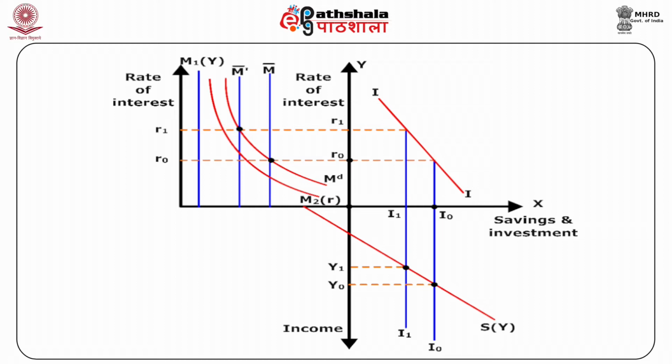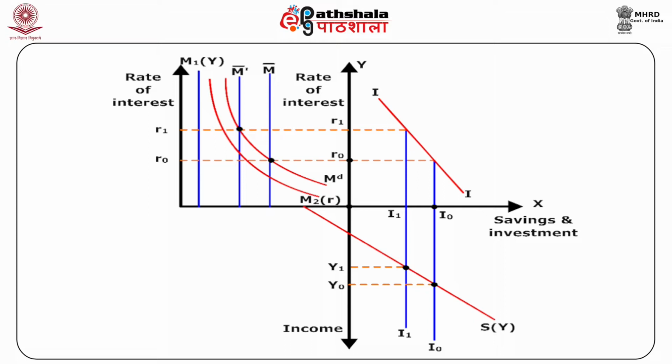At R1, once again we take the rate of interest from the money market into the capital market. The rate of interest is R1, the given investment function II, and the volume of investment is I1. At I1, which is a lower level of investment, the level of income is Y1.